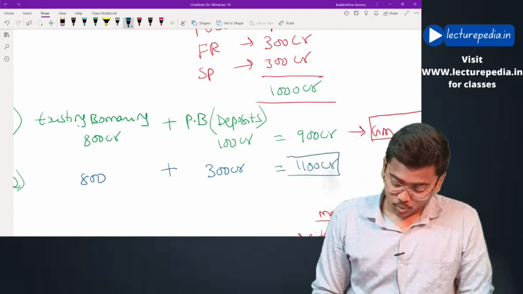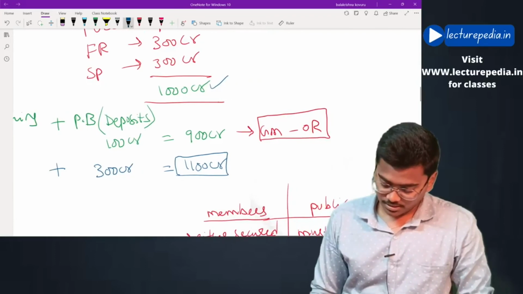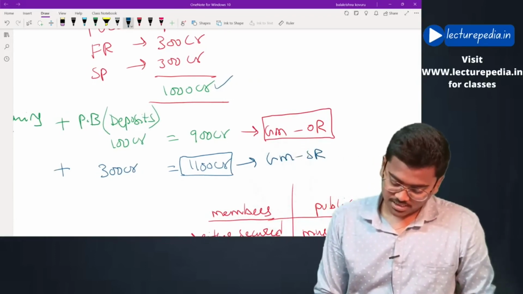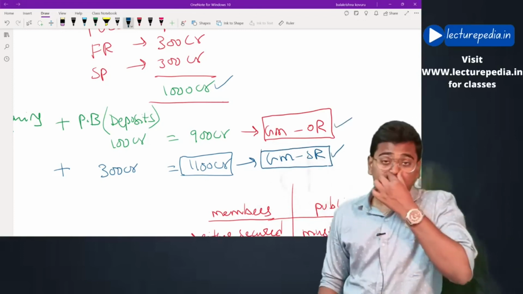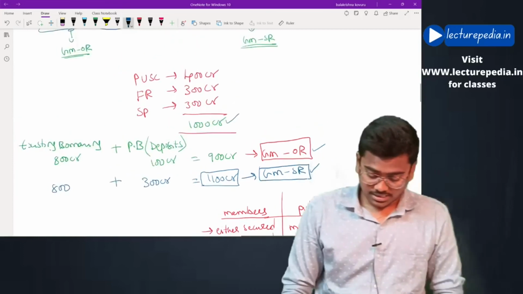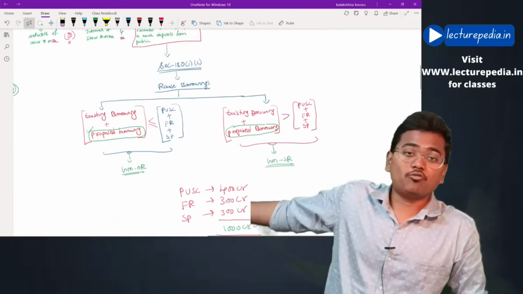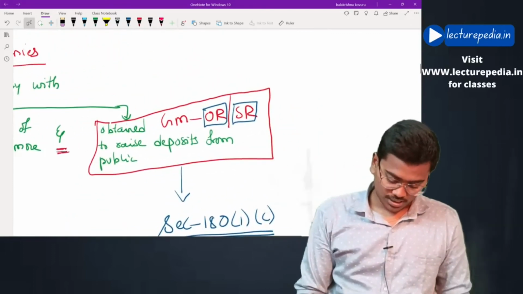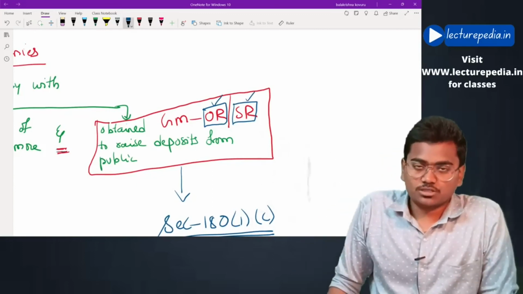Now it is exceeding this 1000 crores, thereby general meeting special resolution is required. This is how section number 76 is linked to section number 180. Regarding these two, general meeting ordinary resolution or general meeting special resolution. Hope this is clear.